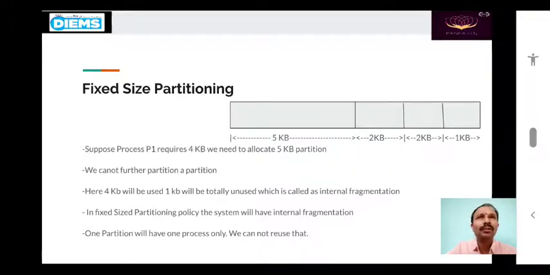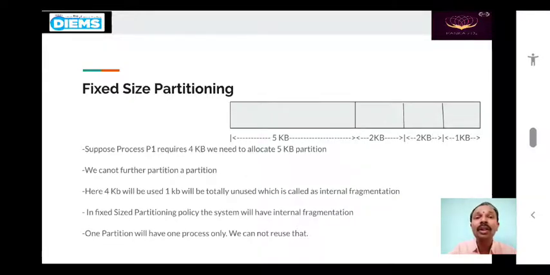Let us take an example. We go to a restaurant, and in the restaurant we observe that there are different tables with different numbers of chairs. One table might be of 2 chairs, one table might be of 4 chairs, so that a small family can come and sit at that 4 chair table. If there are only 2 people, they will occupy the table that has 2 chairs.